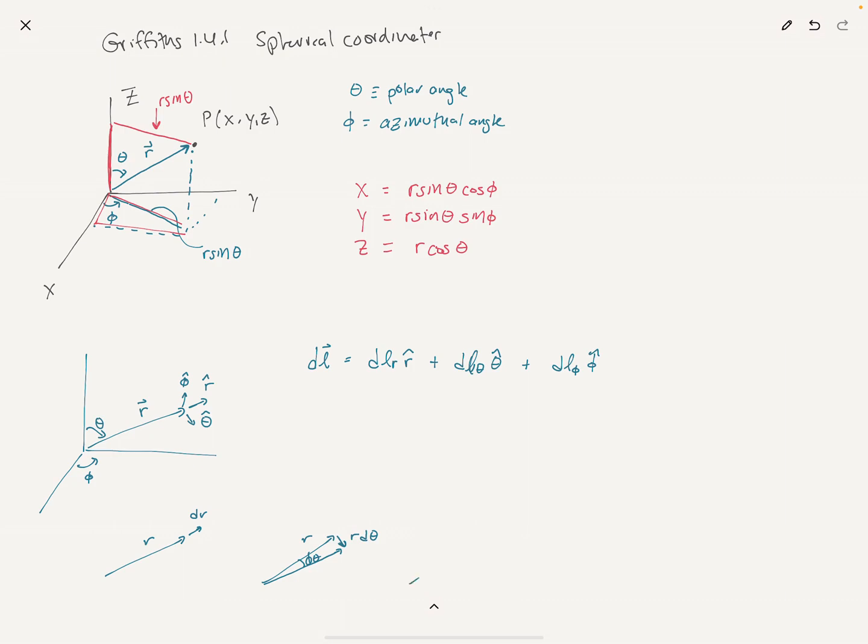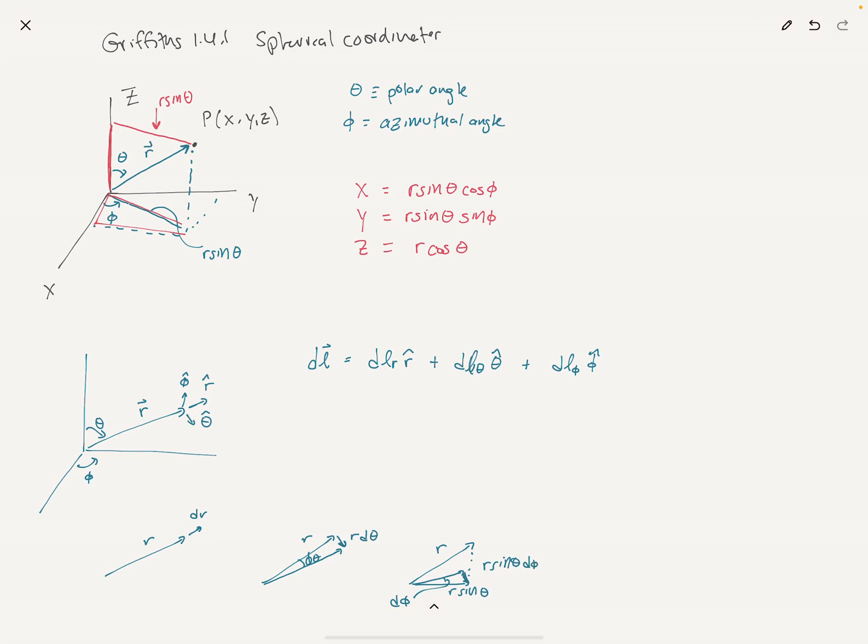And then I'll do the third one. I have some vector r. I project that down into my xy plane. That's r sine theta. Now I rotate that vector some amount d phi. Now this distance here becomes r sine theta d phi.